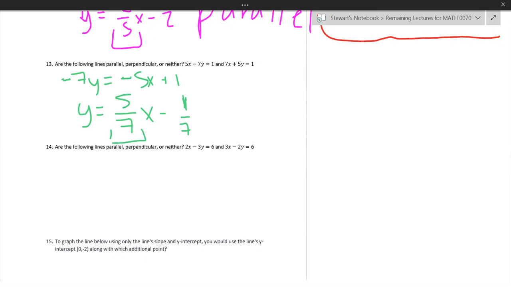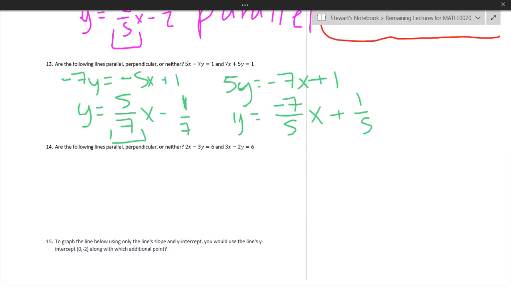So the slope here is 5/7. And then for the next one, we have 5y is equal to -7x plus 1, divided by 5. And then we have y is equal to -7/5 x minus 1, or plus 1/5.